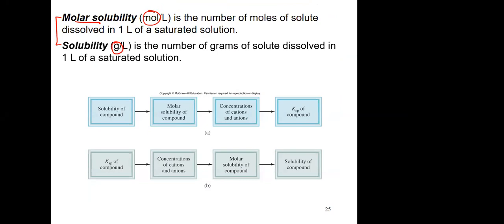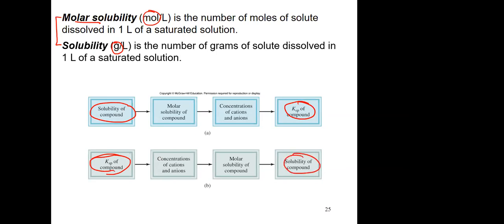So how do you go from molar solubility to solubility and vice versa? What do you need? You need the molar mass. You just need the molar mass. So if you look at the two types of problem that you have here, either you're given the solubility and you're asked for the KSP, or you're given the KSP and you are asked for the solubility.